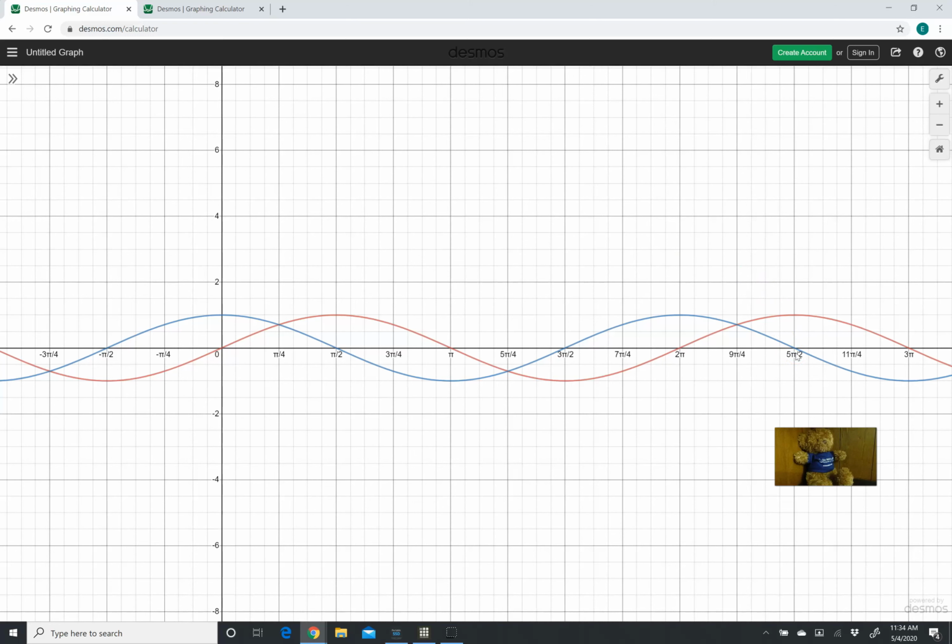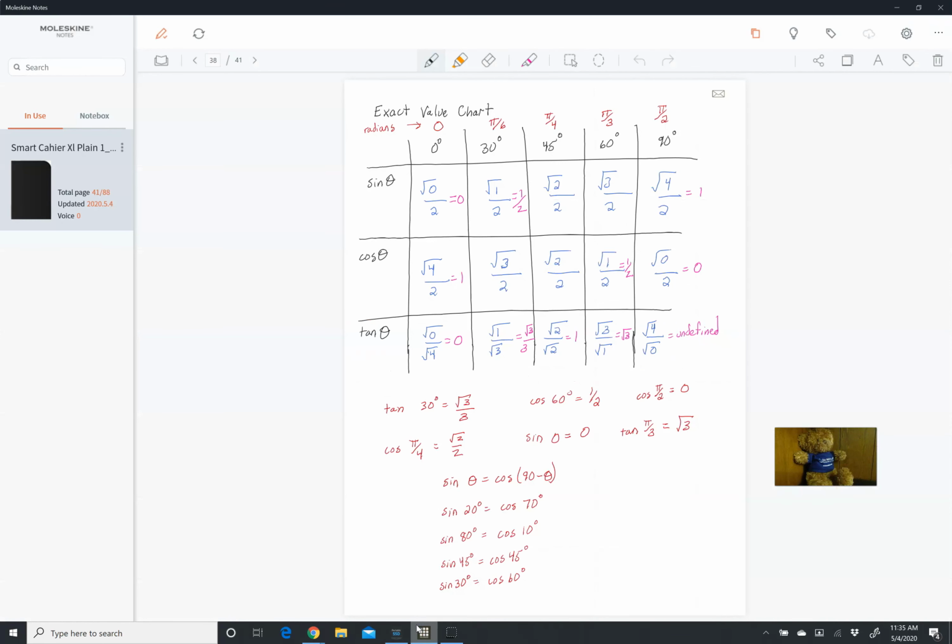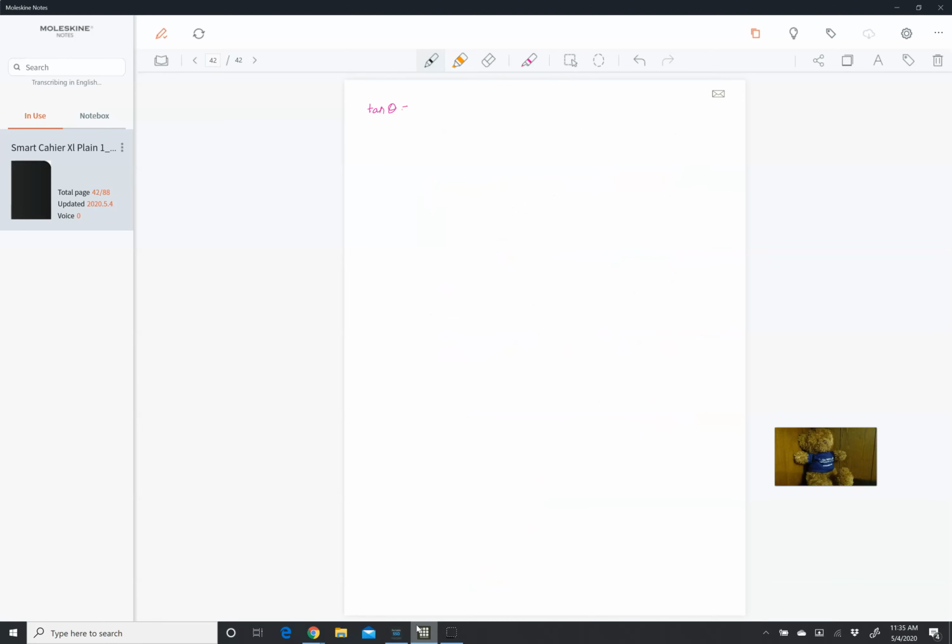This is because tangent is sine over cosine. And whenever we have a cosine that's equal to 0, our tangent is going to be undefined, so we will have asymptotes there. Let's write that down. This is what's going to help us distinguish between different graphs. So tangent of theta is equal to sine of theta over cosine of theta.